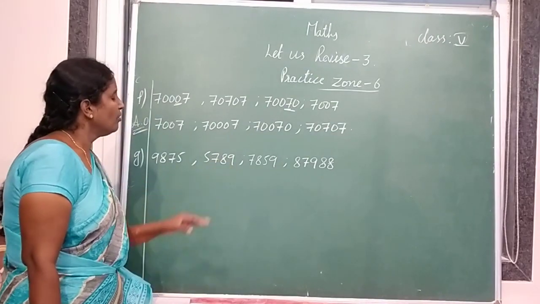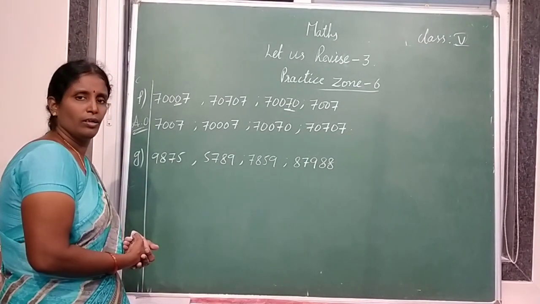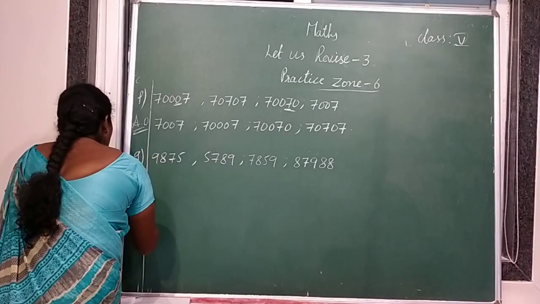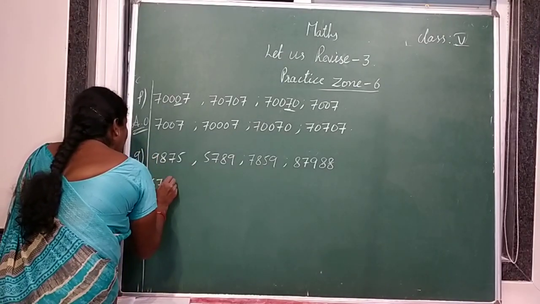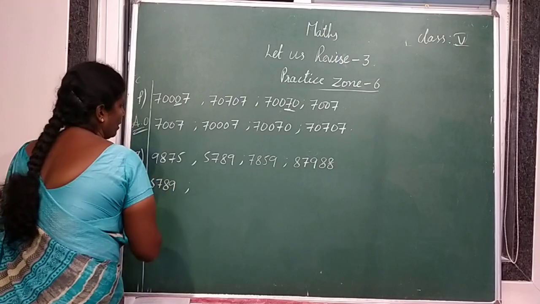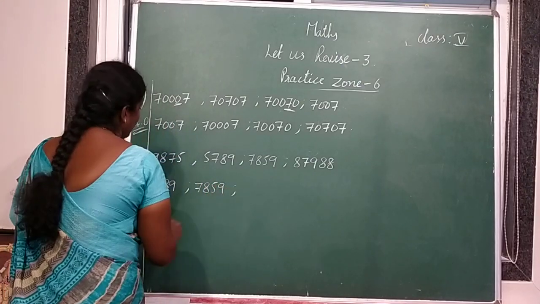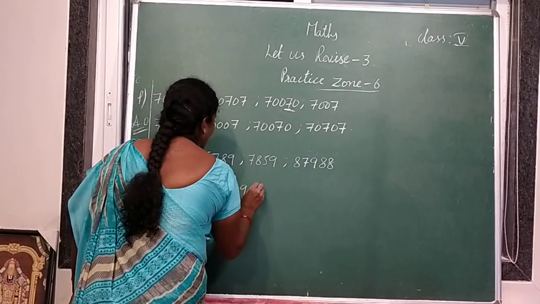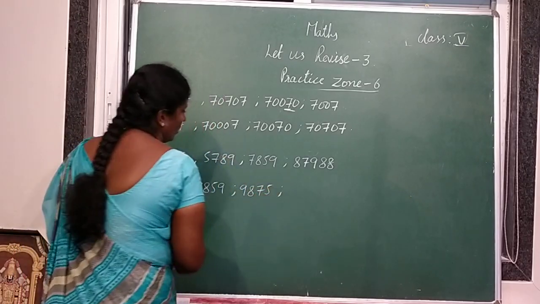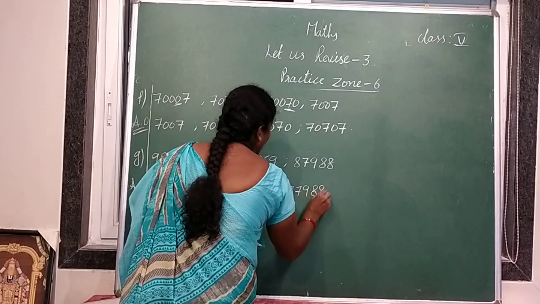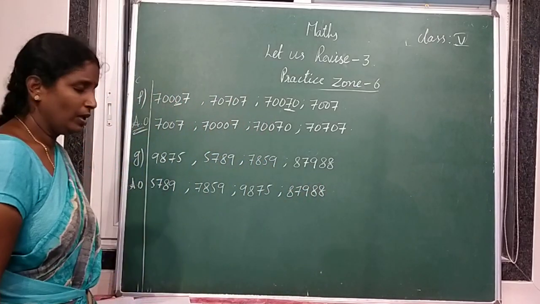In all these, which one is smaller? Yes, 5,789 is smaller. After that, 7,859. Next, 9,875. Next, 87,988. Okay, children. Next.